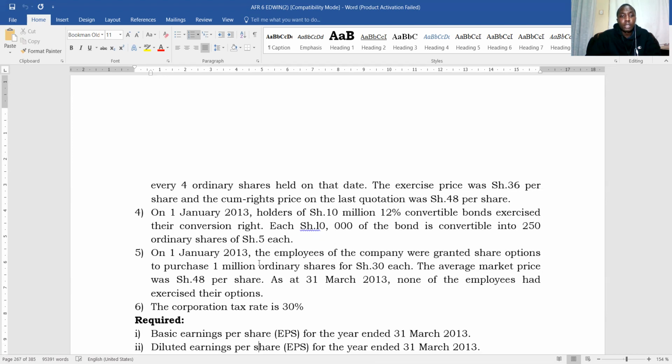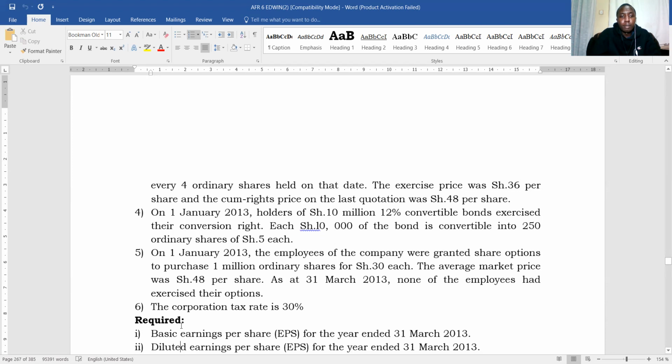The average market price was shillings 48 per share. As at 1st March 2013, none of the employees had exercised their options. The corporation tax rate is 30%.